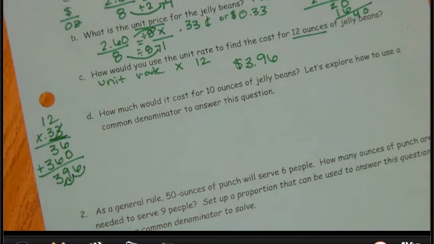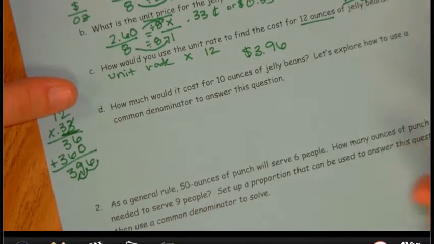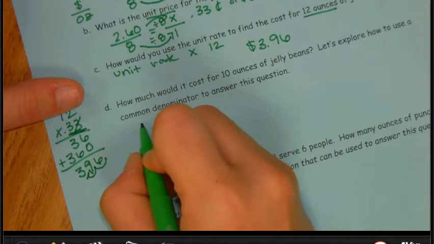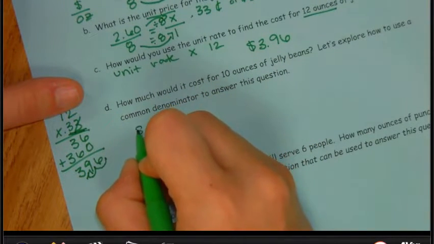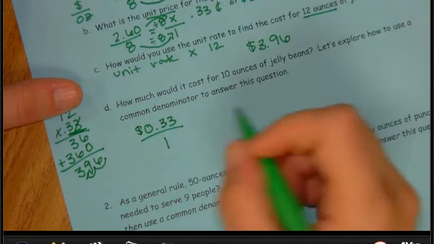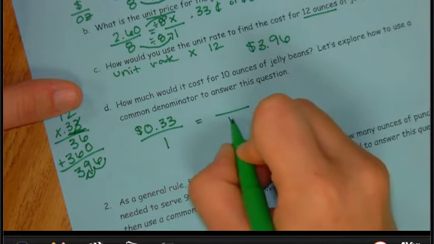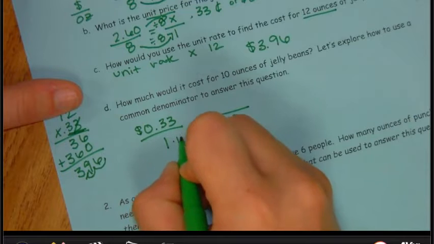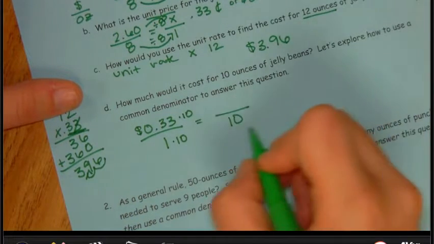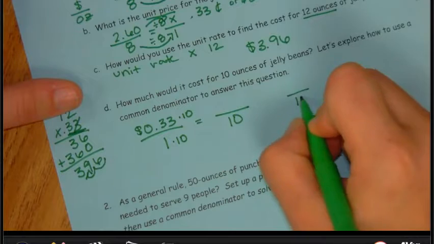Okay. How much would it cost for 10 ounces of jelly beans? Let's explore using a common denominator to determine your answer. So you can do the same thing that we did for letter C. Or what you guys can do, since you know that it is 33 cents for 1, and I want to know for 10 ounces, what you're going to do is multiply both the top and the bottom by 10. So I know that the bottom is going to be 10.